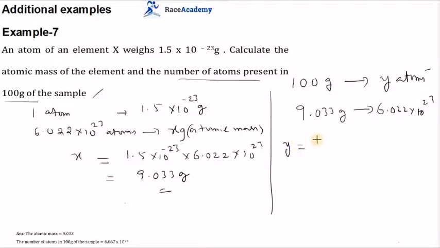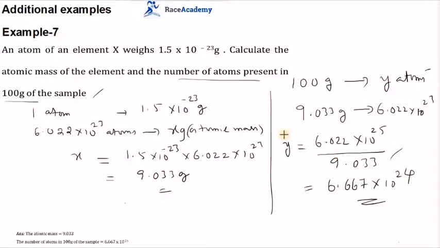Y is equal to 6.022 into 10 to the power of 25 divided by 9.033. So after simplification, I got the answer 6.6667 into 10 to the power of 24 for this problem. So this is the answer for this problem. Let us move on to the next one.